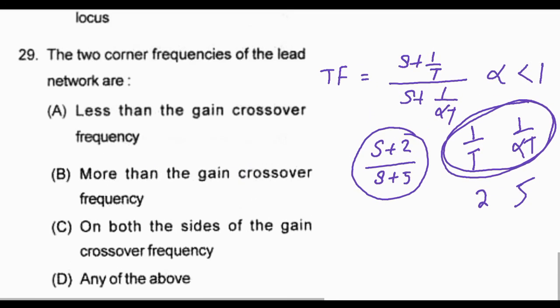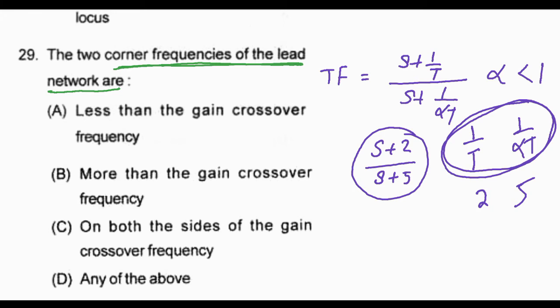Here given that two corner frequencies of the lead network. So we can say that gain crossover frequency is always less than the corner frequencies, or alternatively the corner frequencies are always greater than the gain crossover frequency.